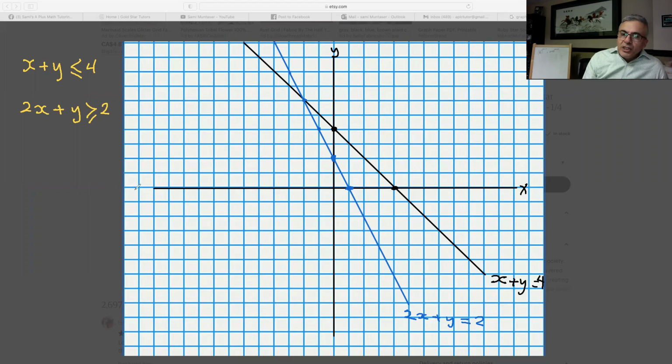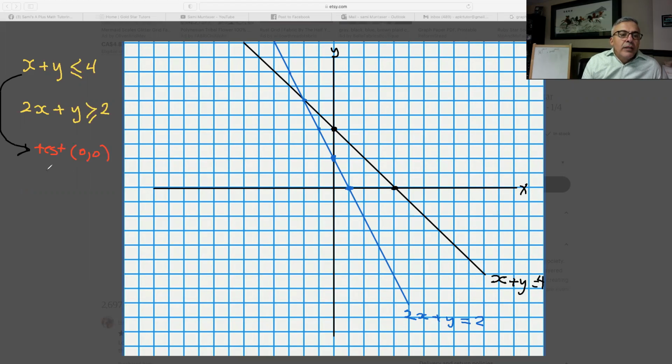Now we're going to do the shading. So I'm going to test the first one. I'm going to test x plus y equals 4, and 0, 0 is below this line here. So I'm testing 0, 0.